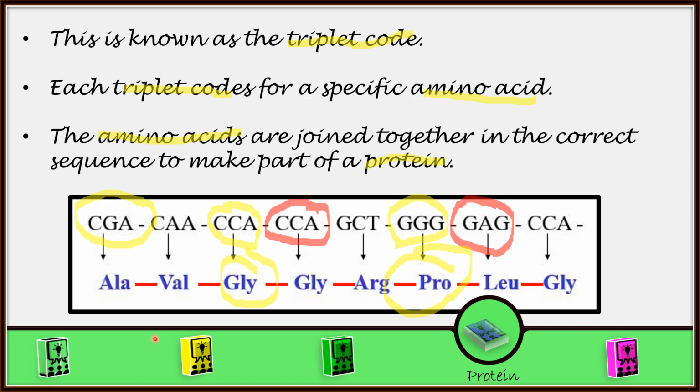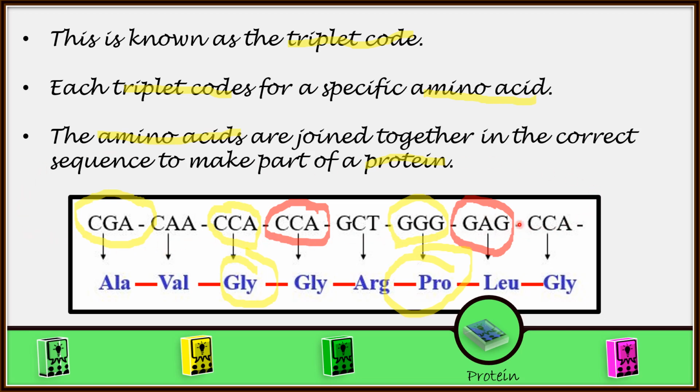So we can see that these amino acids that have been formed are now joining together to form a particular protein. These amino acids have been arranged together by a code which is in the DNA.